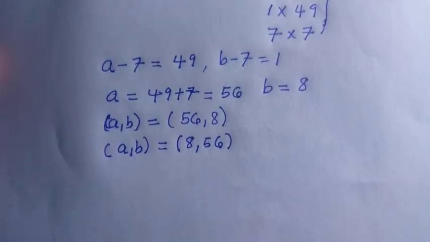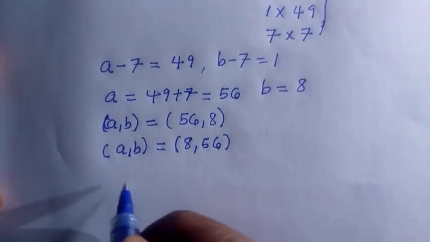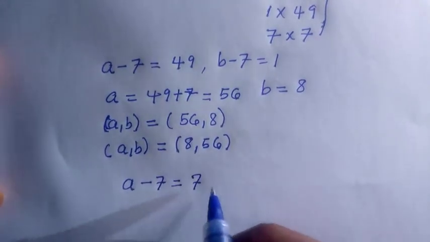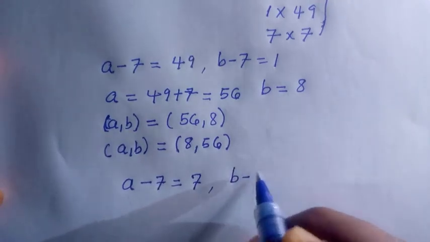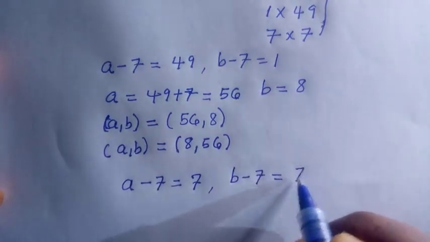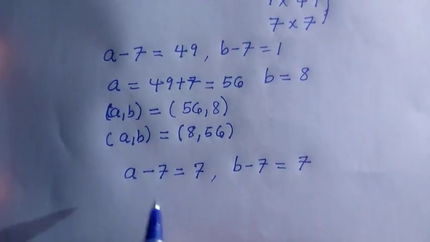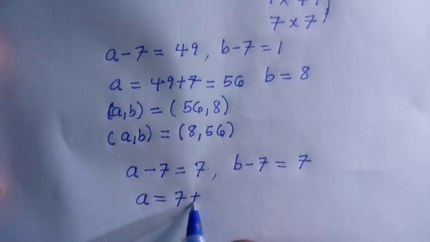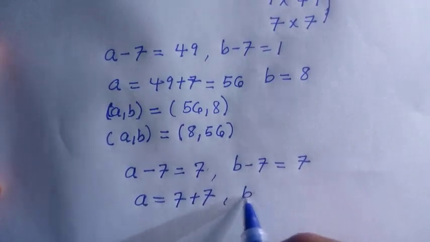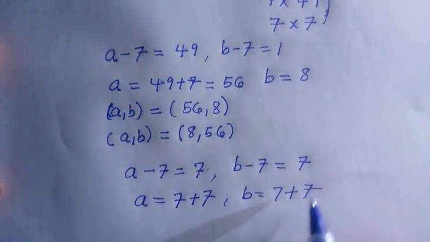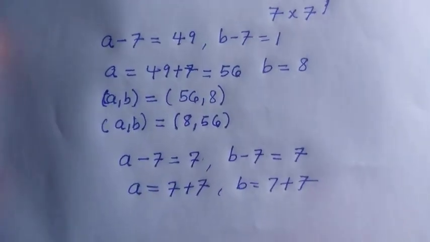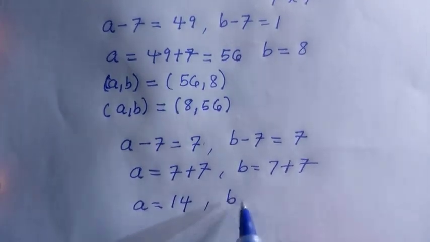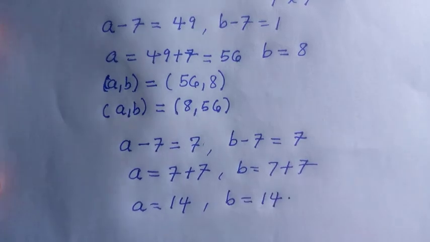For the last case, which is 7, we let a minus 7 equals 7, and also b minus 7 equals 7. By transferring this one here, we have a equals 7 plus 7, and b equals 7 plus 7. With this one, we have a equals 14, and also b equals 14.